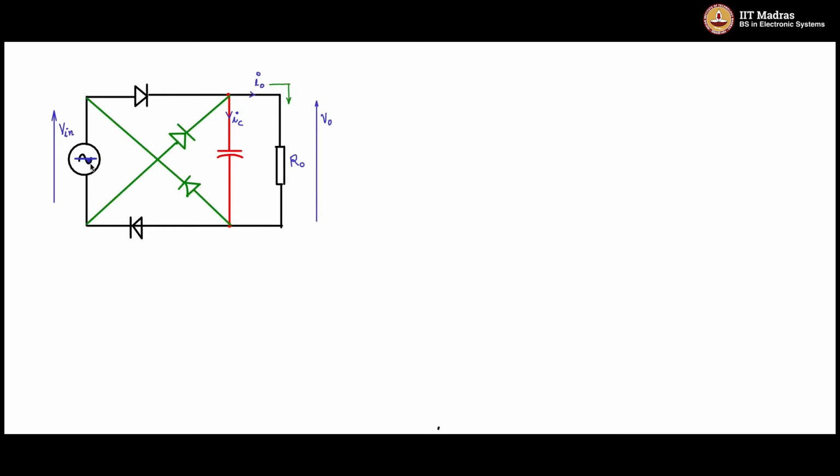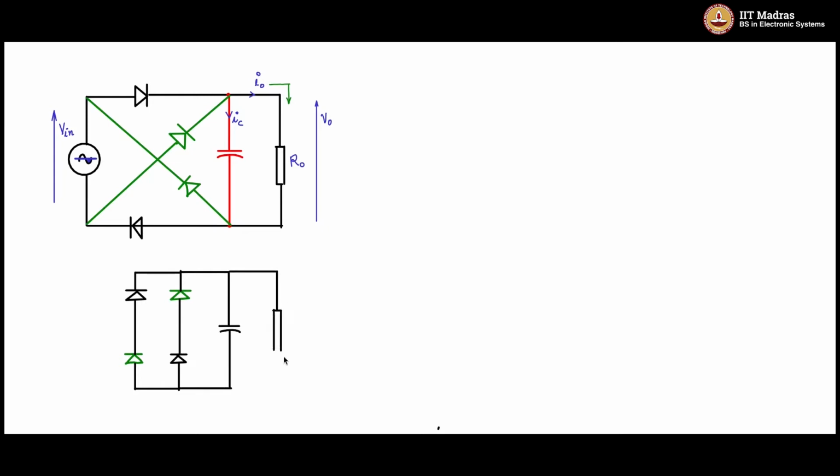In the literature you will see that this circuit is written more commonly in this fashion, easier to visualize. So you see the diodes and the capacitor and the load are in the same way, and you have the input source connected to the middle portion of the bridge.